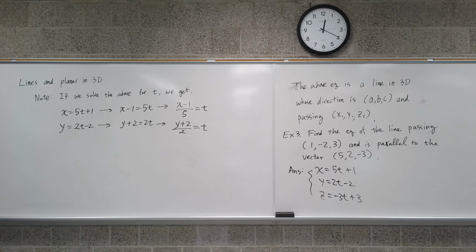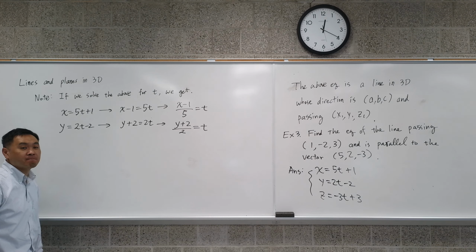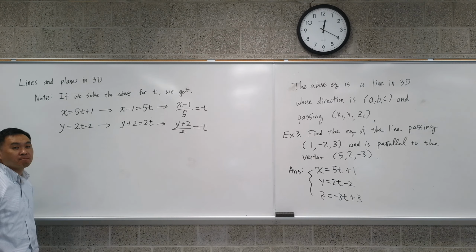And then try to do the same thing for z. Solve for t. Can you do that? I just noticed if you do 2 times (y plus 2) over 2, you just get y plus 2 minus 2, which is equal to y. So why are we getting rid of the t?